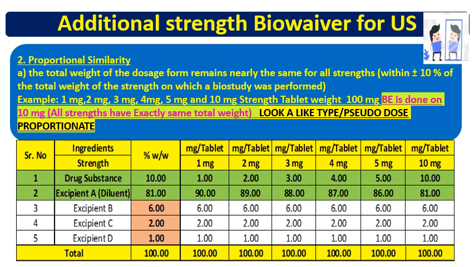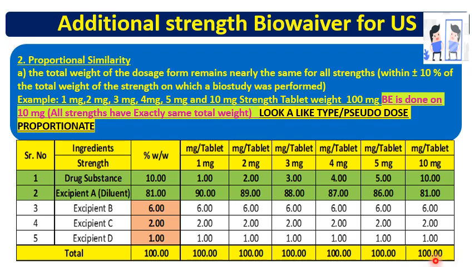As the requirement is that the total weight of the dosage form remains nearly same for all the strengths, for this the example is here. See, there are multiple strengths of the formulation like 1 mg, 2 mg, 3 mg, 4 mg, 5 mg and 10 mg. 10 mg is the bio strength and its total weight is 100 mg.